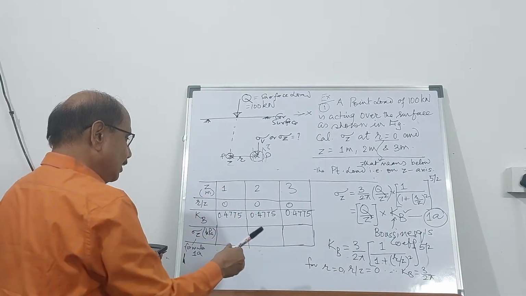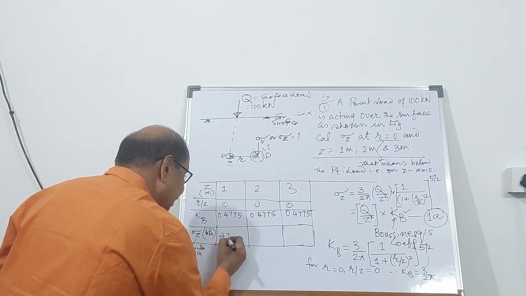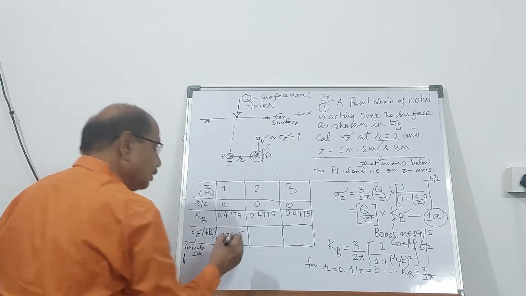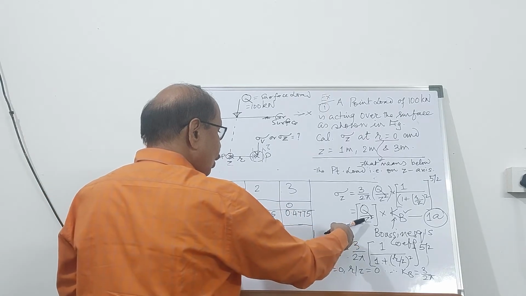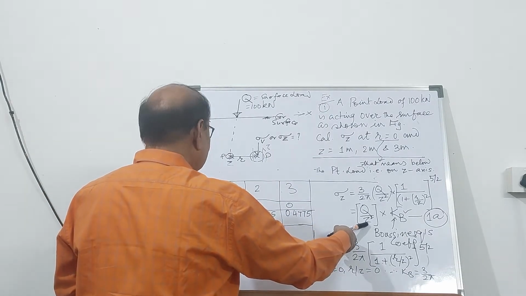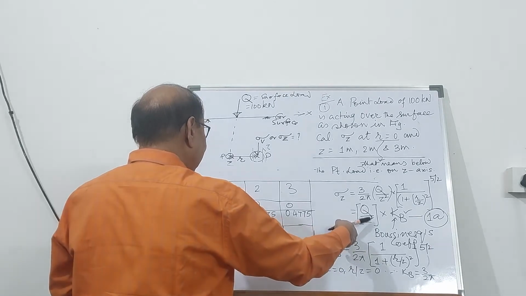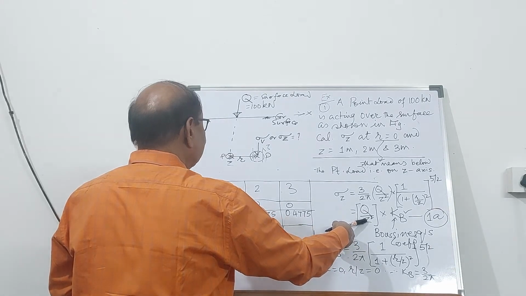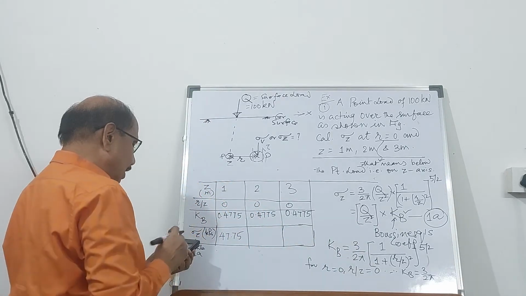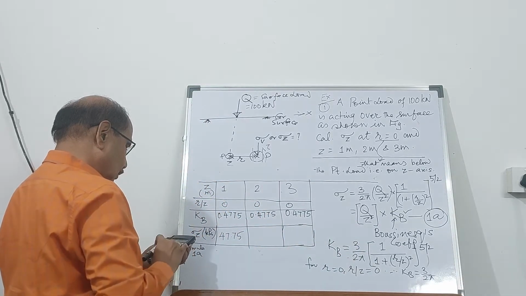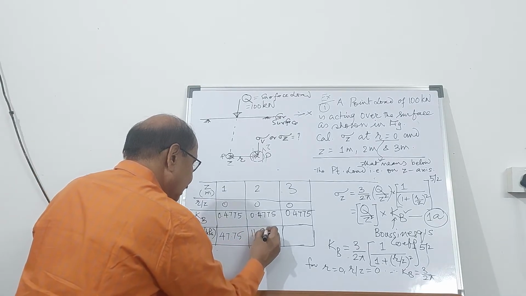Q is 100. If you multiply this by Kb, this becomes 47.75. Now Z is 2, so Z square becomes 4. 100 divided by 4 becomes 25. So 25 multiplied by Kb gives you 11.93.